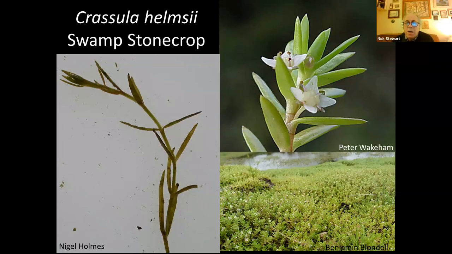Probably you're most familiar with it if you've come across it in this semi-terrestrial form, where it's quite a fleshy thing with little white flowers, but underwater it can look quite stringy, and more elongate, and not quite so recognizable.